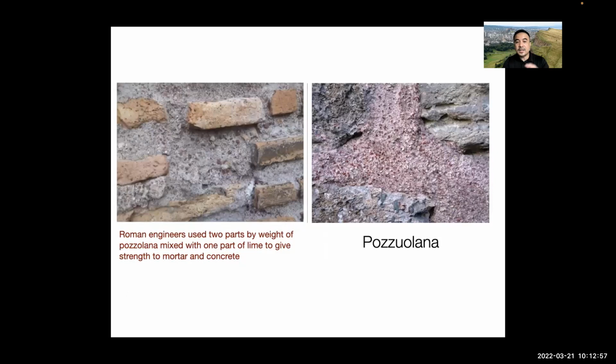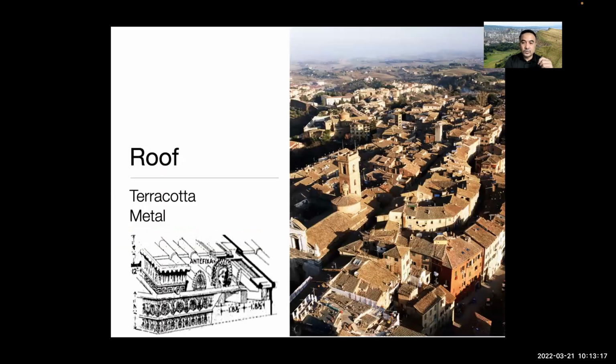The Roman engineers used this to build bridges because this material, concrete, can become rigid, become solid. It can become solid under the water, and it gives strength to the Roman bridges and the Roman roads. Roof: terracotta, metal. Some metal was used to help strengthen the roof.